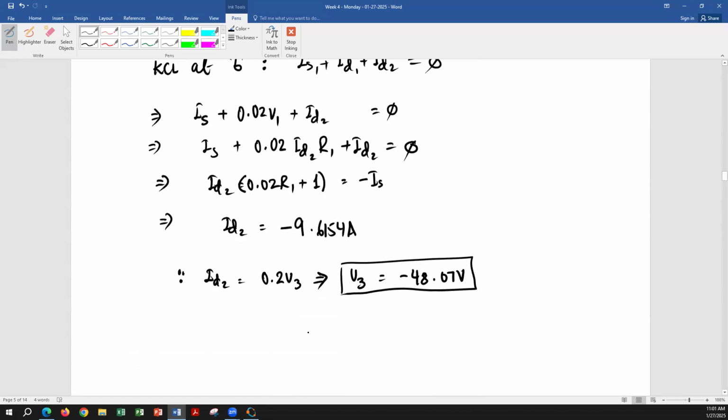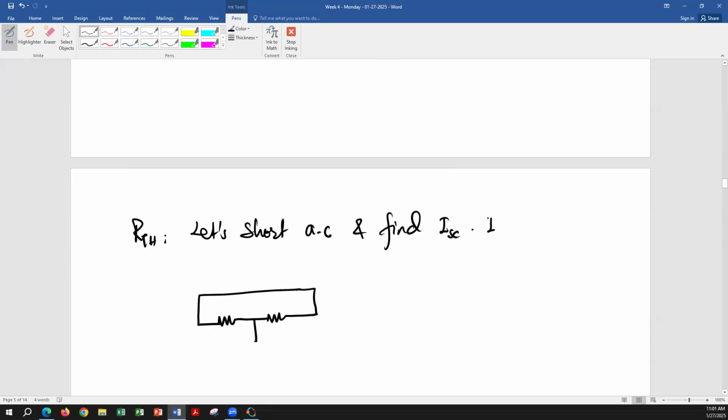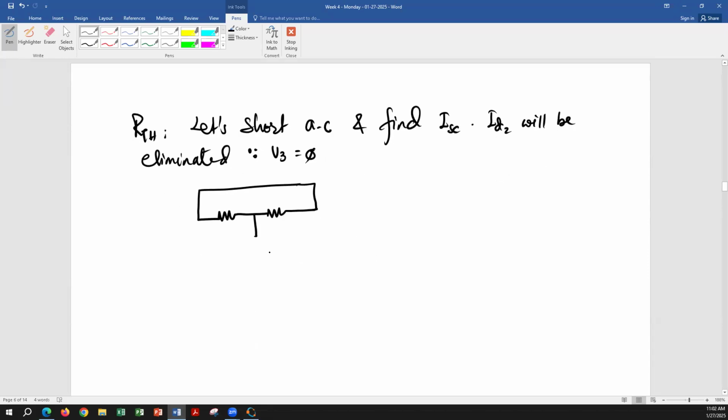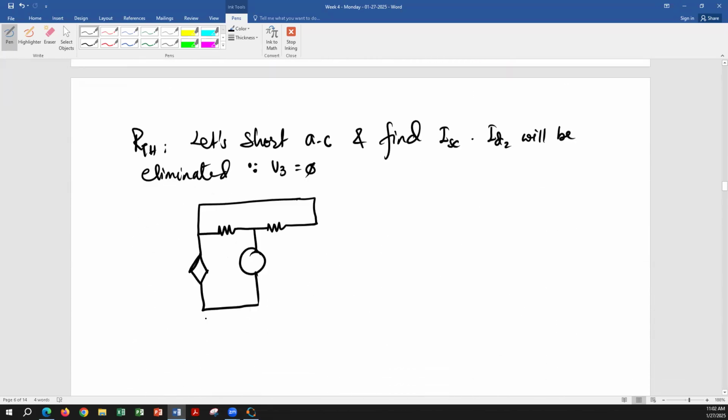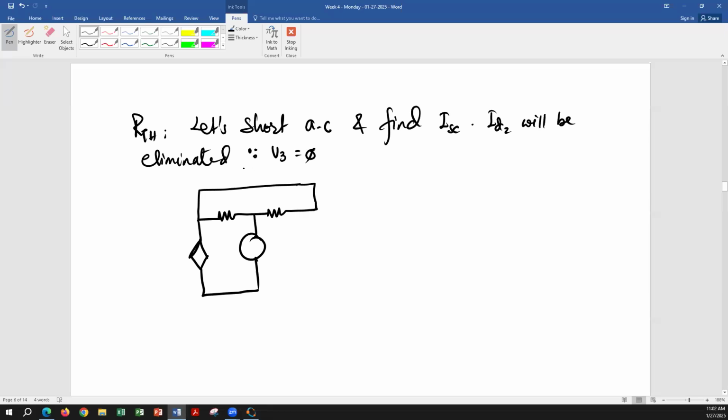And the source that will be eliminated is ID2, since V3 will be 0. That's going to be your circuit. This is R1.